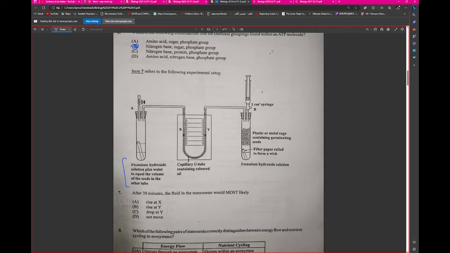B. Alright, so you're saying it would be B. So B would be, there would be a rise at Y. Okay. Potassium hydroxide, by the way, absorbs carbon dioxide.